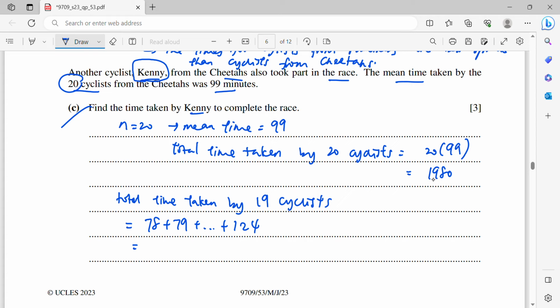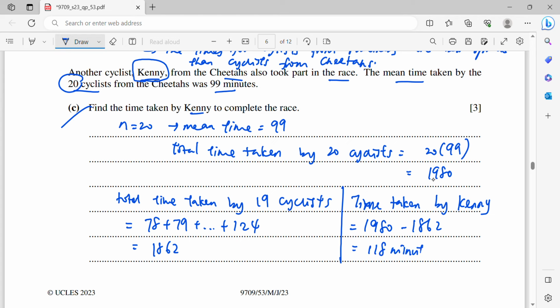So this is going to be 1862. So from here, the time taken by Kenny, you just subtract: 1980 minus 1862. At last you will get 118 minutes. So all these are minutes. Okay, so this is how we solve this question.